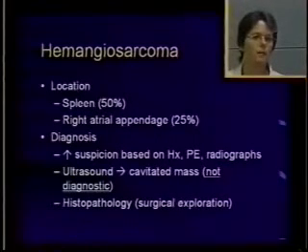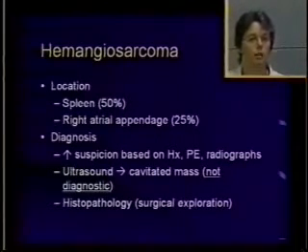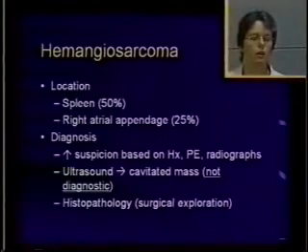Additionally, on physical exam, if you hear a muffled heart, if you palpate an abdominal mass, if the heart rate is very rapid, if they have very pale mucous membranes, those are all things that are going to make you think this may be a case of hemangiosarcoma, especially if it happens to be a German Shepherd or a Golden Retriever.